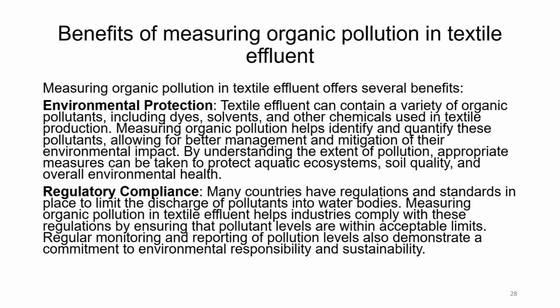Textile effluent can contain a variety of organic pollutants including dyes, solvents, sizes and other chemicals used in the textile production. Measuring organic pollution helps identify and quantify these pollutants, allowing for better management and mitigation of their environmental impact.